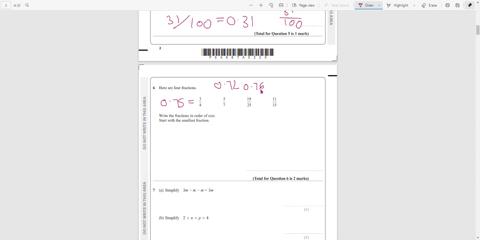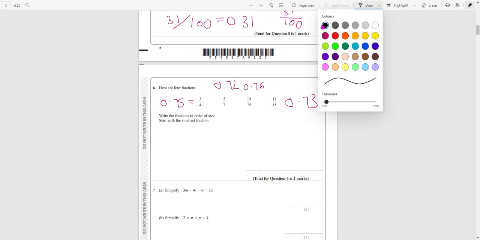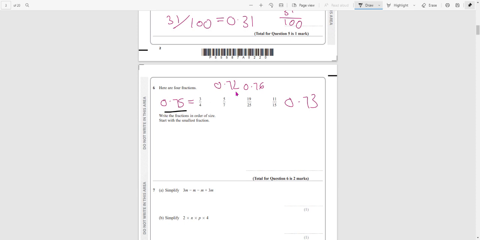And 11 over 15 is 0.73. Now, let's put these in order.